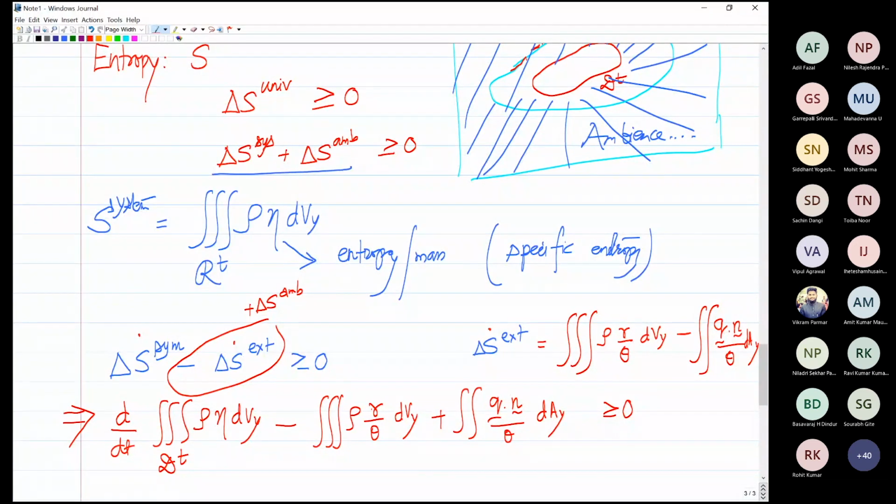That's the second law of thermodynamics for a body. And this is also called the Clausius-Duhem inequality.